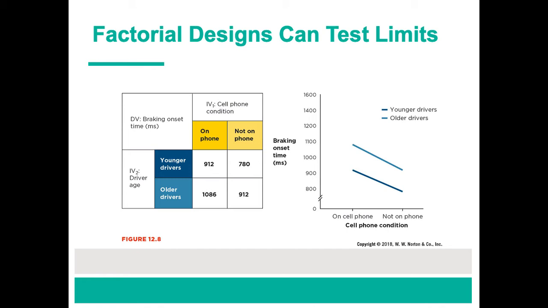So even though they were slightly different, you see the lines are different. So that's a main effect of being on the phone or being younger, but there's no interaction between being on the phone and being younger. Then, as we said before, the lines would spread apart or cross over or something like that. And of course, we test the numbers, but we can see it as well with those lines.